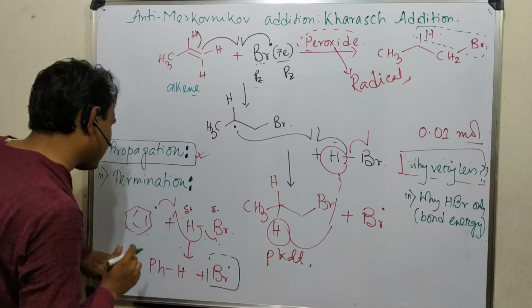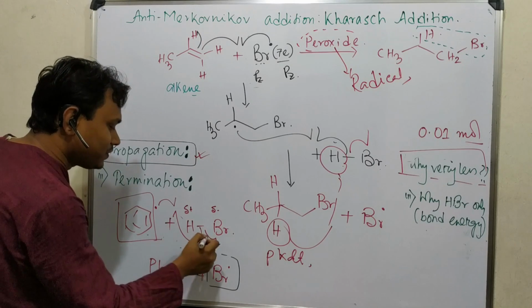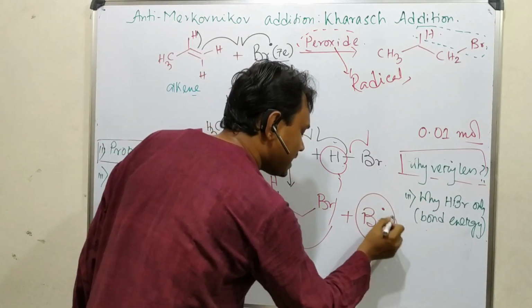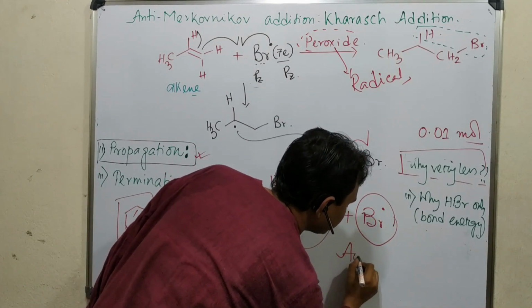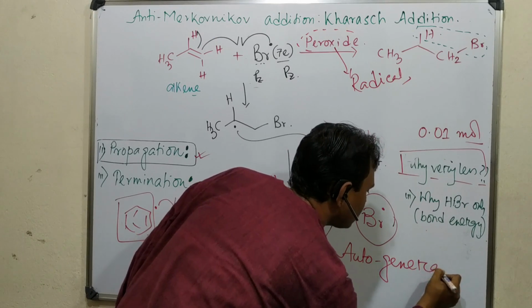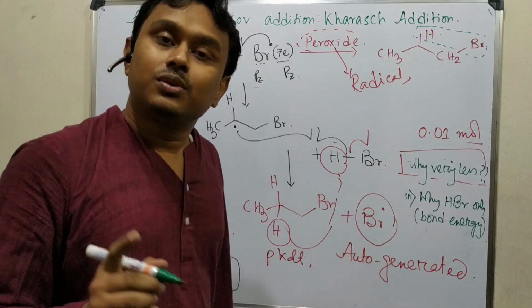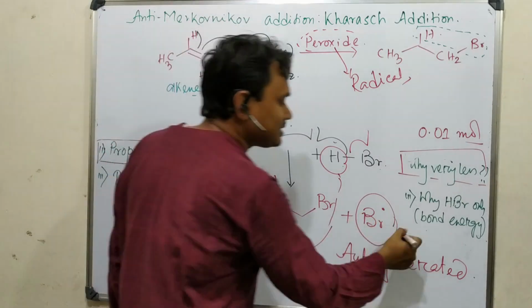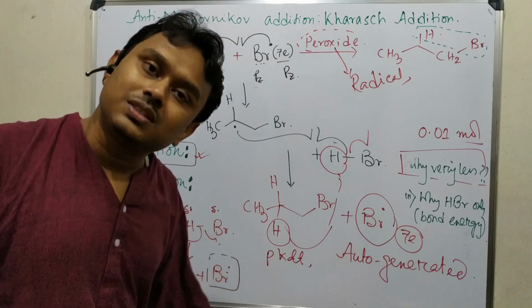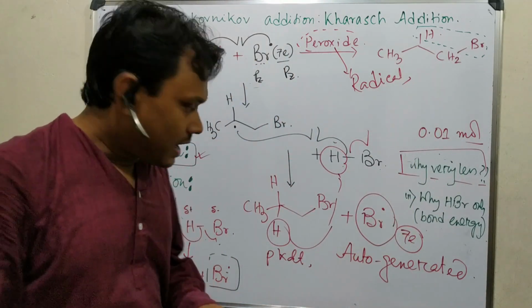If we take benzoyl peroxide, it generates this phenyl radical. This phenyl radical generates a Br radical, and through this mechanism the Br radical is auto-generated during the progress of the reaction. Since it's a 7 electron species, electron deficient, it will continue the chain in a similar way. That's why a very small amount of peroxide is enough.